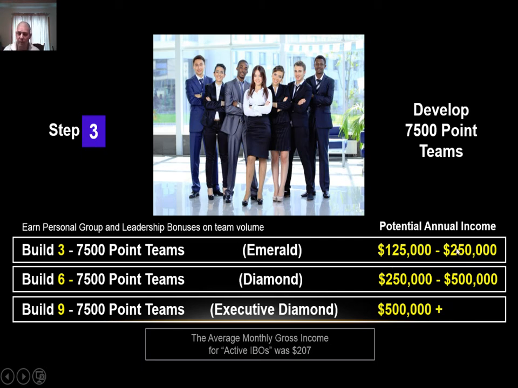Our attorneys have told us that we can put these numbers in here because with this number of teams generating this number of points, you will be in this range of income. You may be on the low end, you may be on the high end, but you will be in this range. If you do that with 6 teams, 7,500 points each, you are a diamond level classification. That puts you in the $250,000 to $500,000 a year income range. And with 9 teams, 7,500 points each, you're an executive diamond, over $500,000 per year.